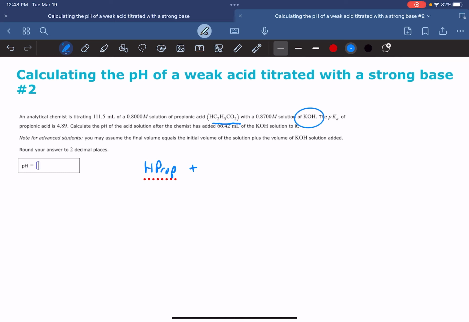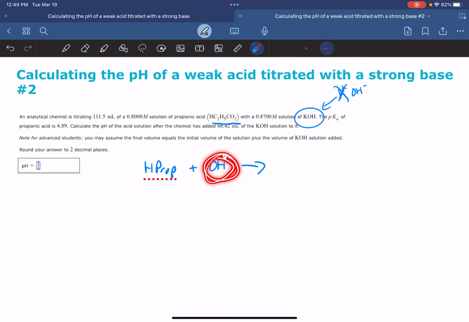Now, what's important about KOH is that it's really K plus and OH minus, and the K plus is a spectator ion. So really what we're doing here is we're adding OH minus to our H prop. And this is going to be a one-way street, because whenever you have a strong acid or a strong base, they're going to completely either use up all of this or they're going to die trying.